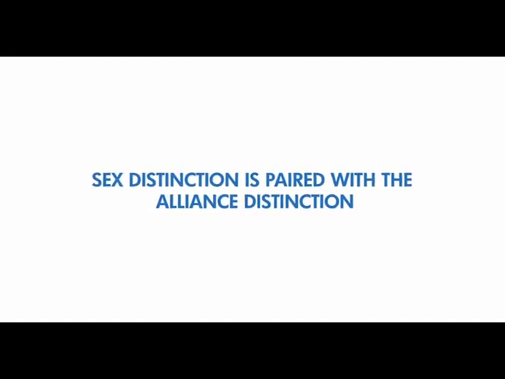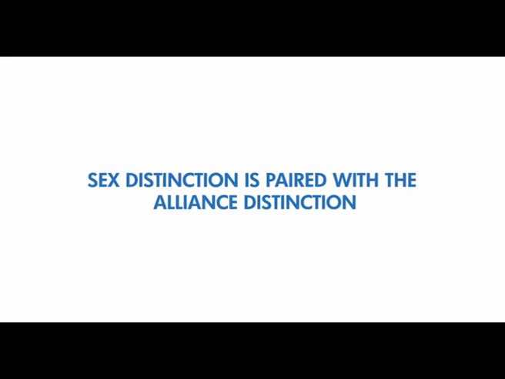The sex distinction is spared, says Dumont in 1986, with the alliance distinction. As soon as a distinction is not necessary for establishing an alliance relationship, it is merged. That is what we find in the case of kin terms applied in grandparental and grandchildren's generation. For the generation of one's grandchild, one does not distinguish between one's sons' and daughters' children.